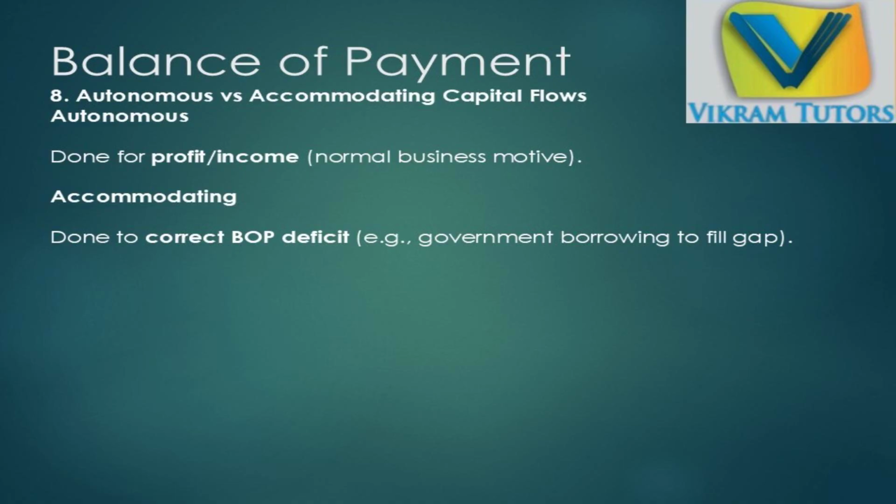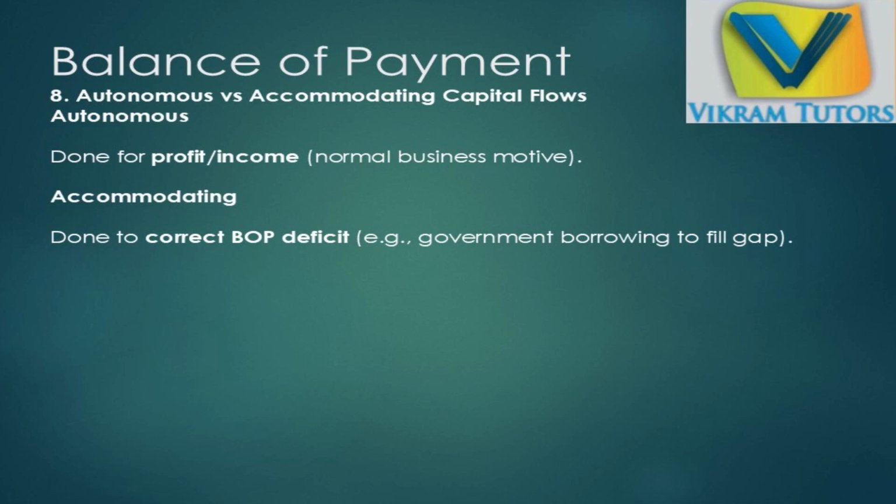Capital flows in the balance of payments are categorized as either autonomous or accommodating based on their underlying motives and impact. Autonomous capital flows are driven by profit-seeking or investment decisions, such as foreign direct investment or portfolio investment, and occur independently of the current account balance. These flows reflect the economic agent's responses to market opportunities and are not directly influenced by the need to finance deficits or surpluses.